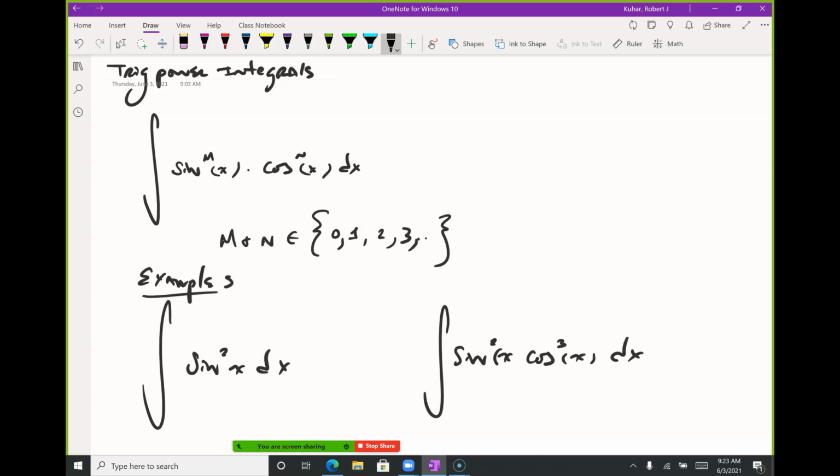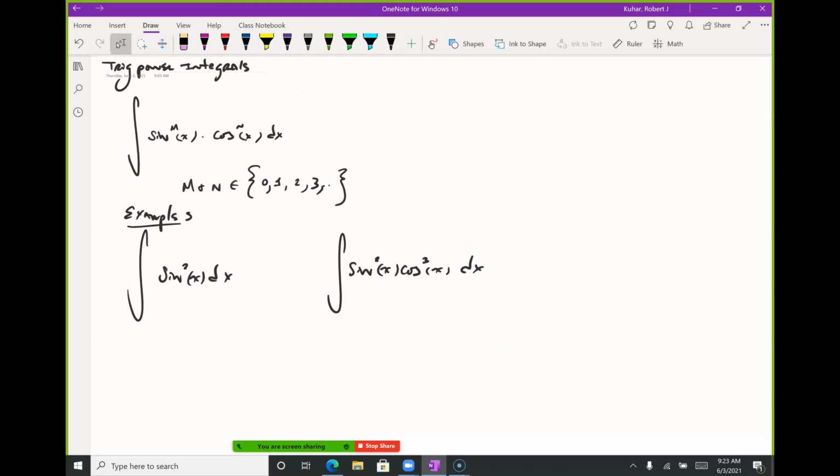You can imagine any combination of those powers. Do you get what I'm saying? So it could be just cos cubed. Any non-negative integer power with a product of sine and cosine is what we're talking about in this section.